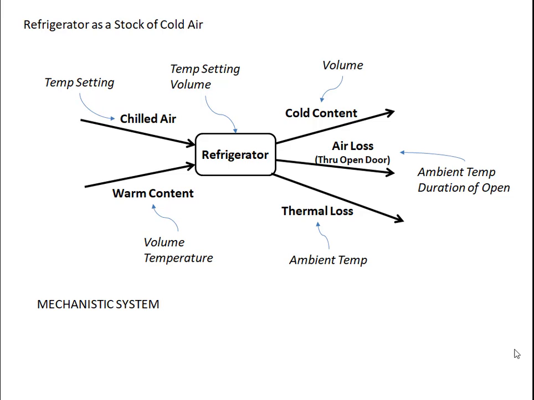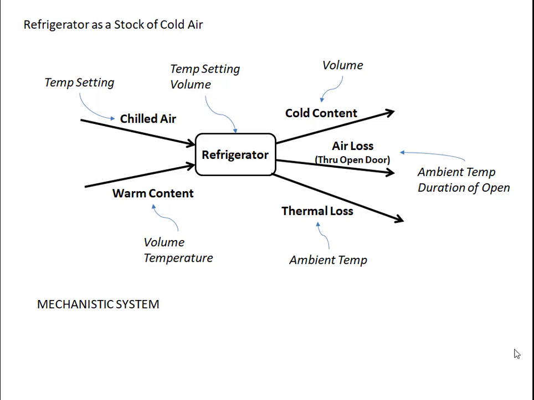So for any given household or any given way of using the refrigerator, there will be an optimum refrigerator size. If you tend to have a lot of food in the refrigerator, you can justify a larger refrigerator. But if you tend to keep nothing in your refrigerator, you shouldn't have a large one, because you're just going to pour cold air out on the floor every time you open the door. So again, that's the social context.